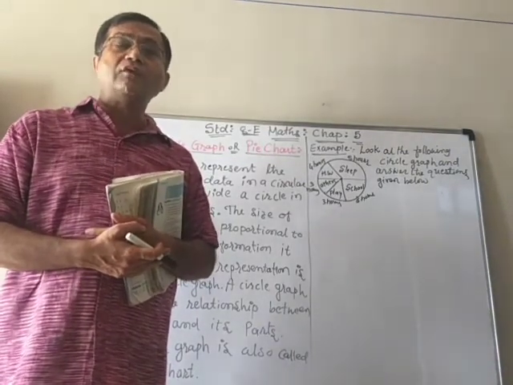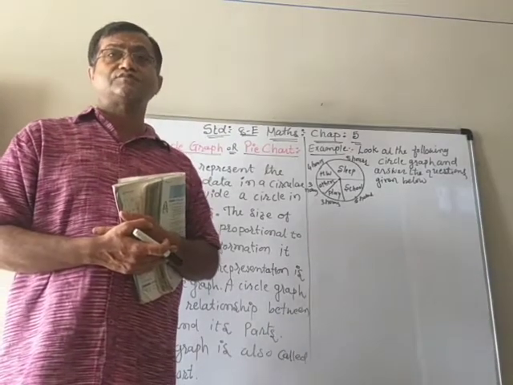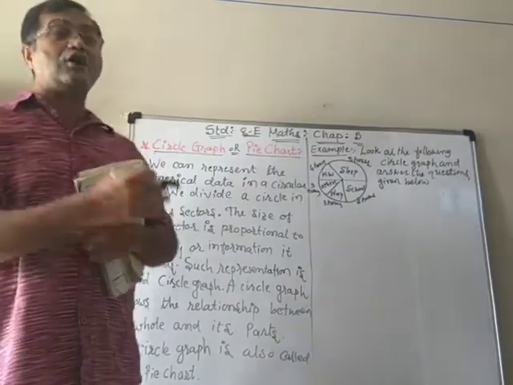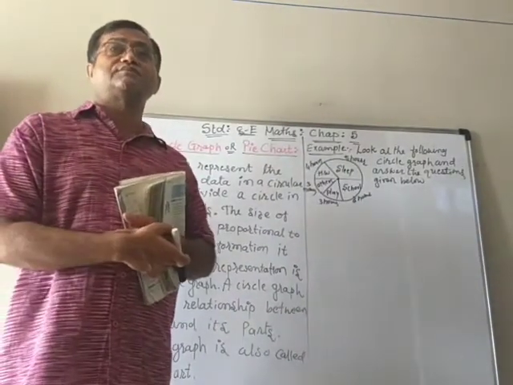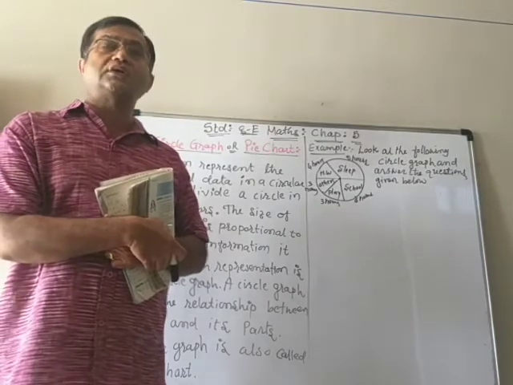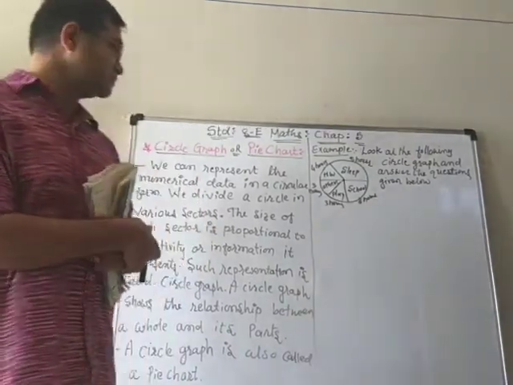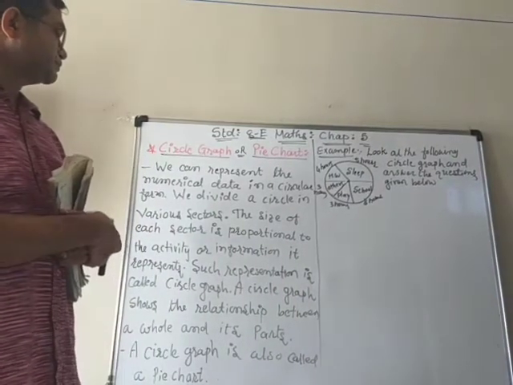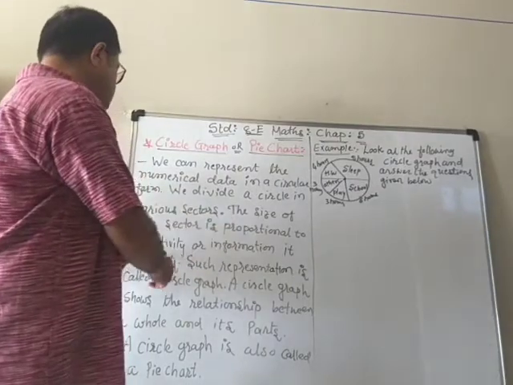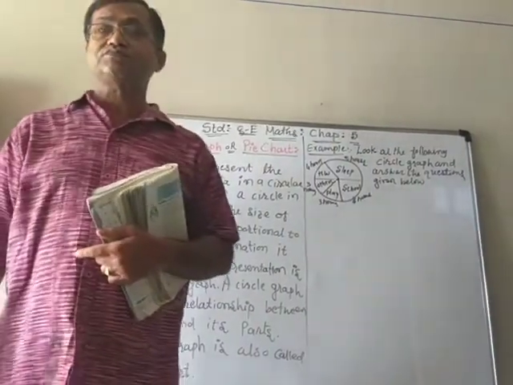Now how do we make those sectors? The size of the sector, how will we decide? That will be decided according to the given information or activity. The size of each sector is proportional to the activity or information it represents.